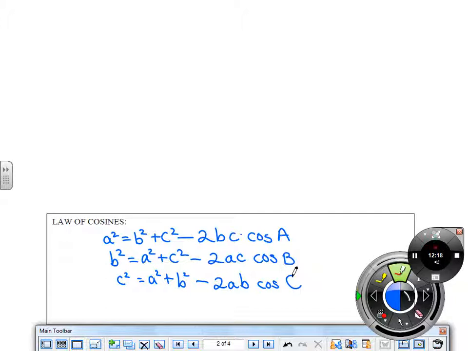No, they could call it triangle XYZ. So the important part to remember here is basically over here on this side of the formula. It's like something squared plus something else squared minus 2 times those same 2 sides and the cosine of the angle between them. Therefore, not the same 2 letters that you've used over here.